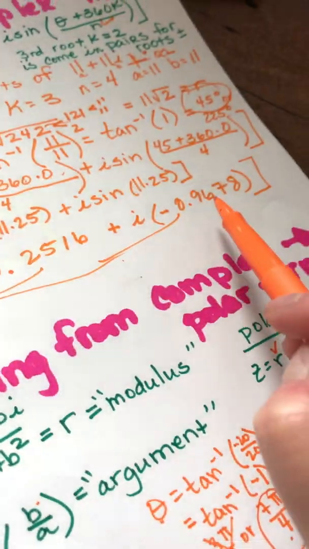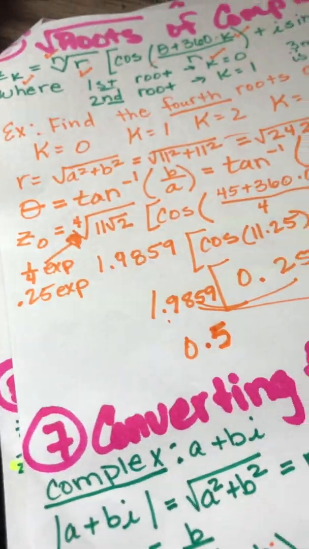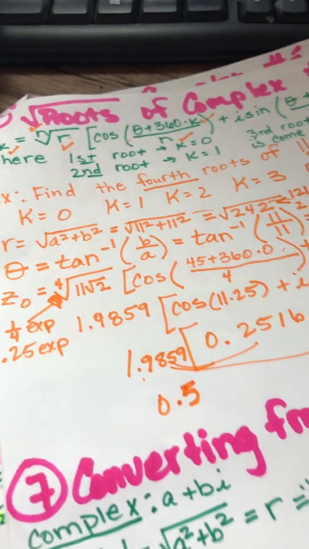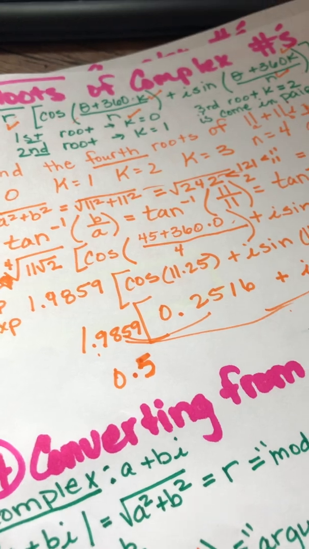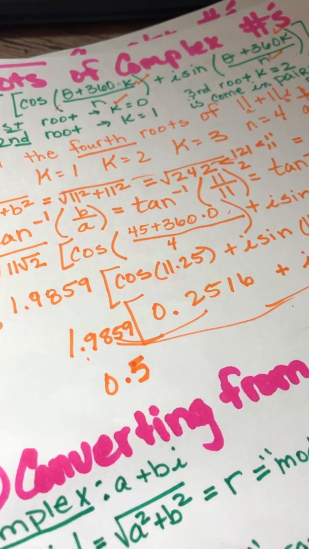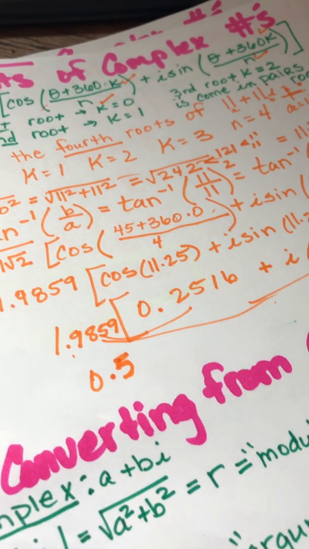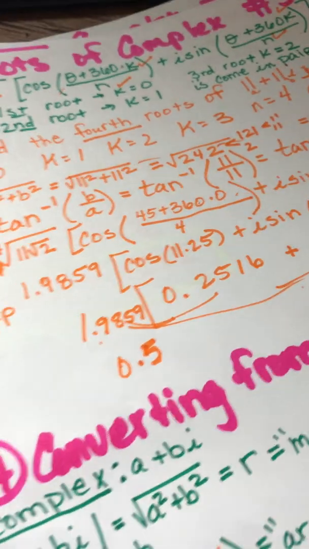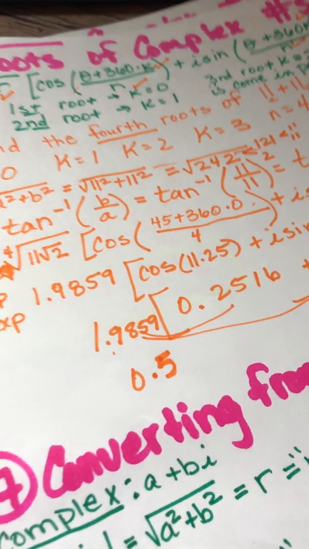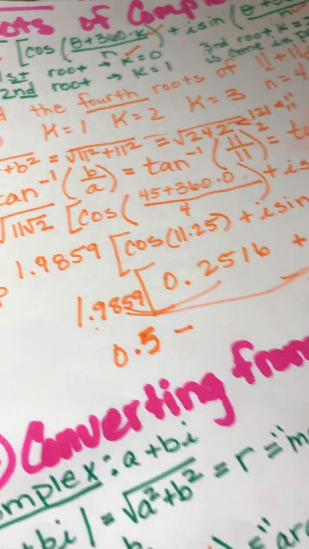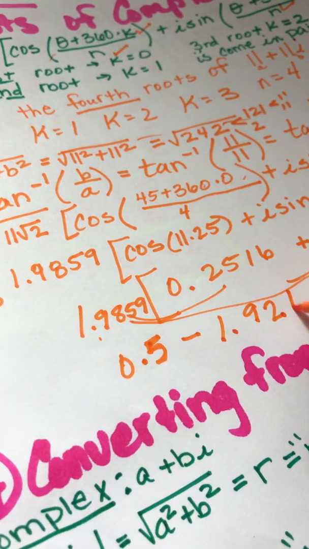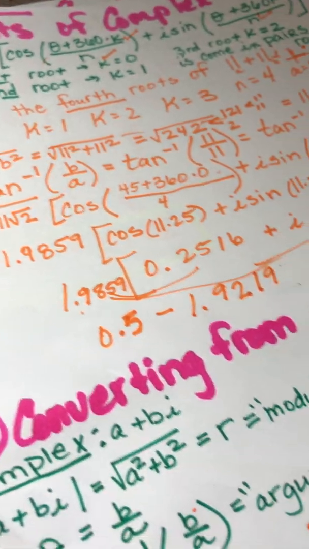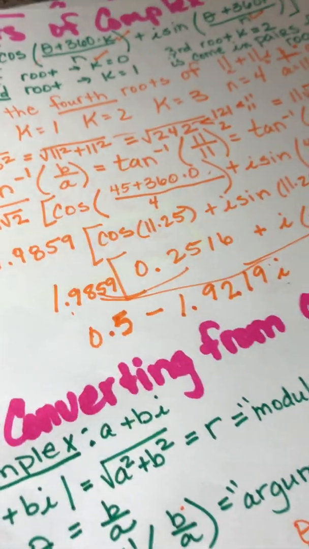And then now I'm going to multiply this negative decimal times this 1.9859 in the front, times 0.967. And I should get 1.9, and it's negative. So minus 1.9219, and it has an i on it.